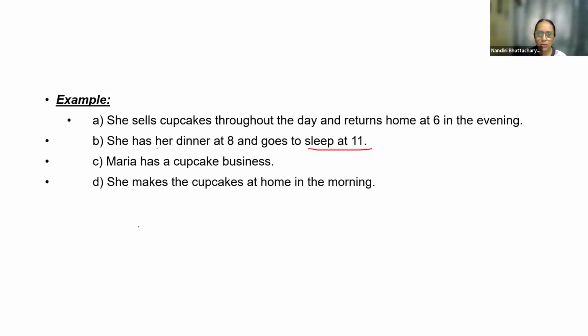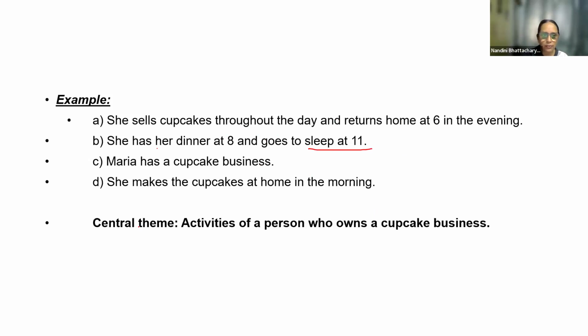But always you won't find a simple chronological order, because remember, the passages will be similar to the ones that you dealt with in the para completion. So it will not always be a simple chronological order. It may be a logical order of ideas. Okay. So the central theme we came to.